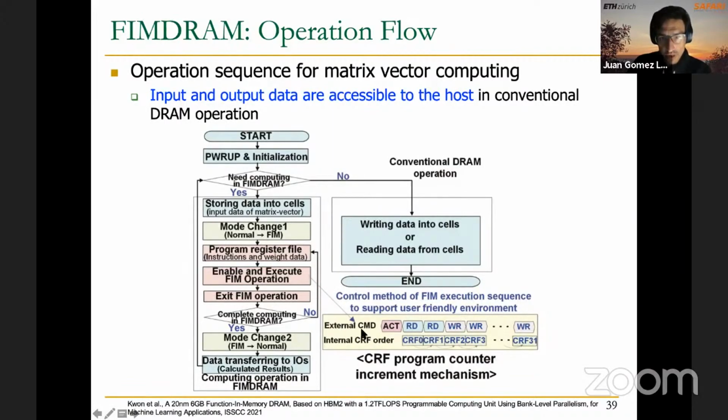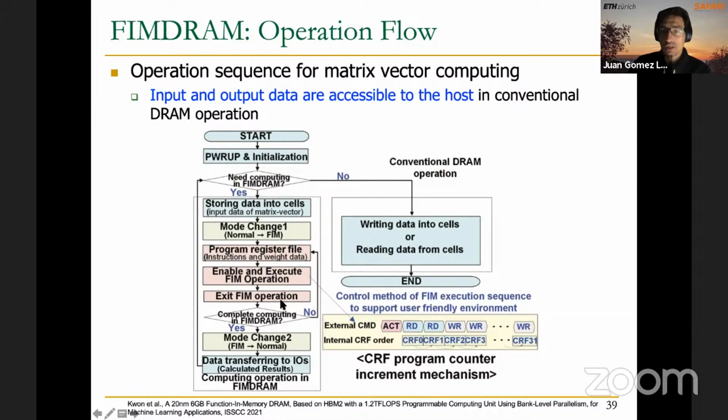And as you see, we would first issue an activate, and then a series of read or write commands, and for each of them, the program counter is going to increase by 1, and we go and fetch a new instruction from the CRF, from the control register file, right? And here you can see how the 32 instructions that are stored in this CRF are going to be fetched from the CRF one by one and executed on the pipeline cycle by cycle.